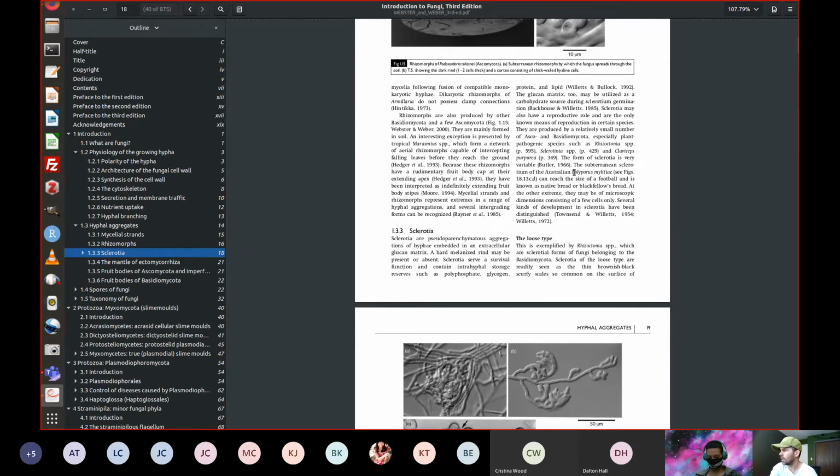All right, so these Latin names that you're seeing here, like that? Yeah, these are just telling you stories about different species that form sclerotia. Okay. Yeah. So they're saying here, this particular species, Paloporus, has subterranean sclerotia that can reach the size of a football. Yeah. Awesome, thanks.